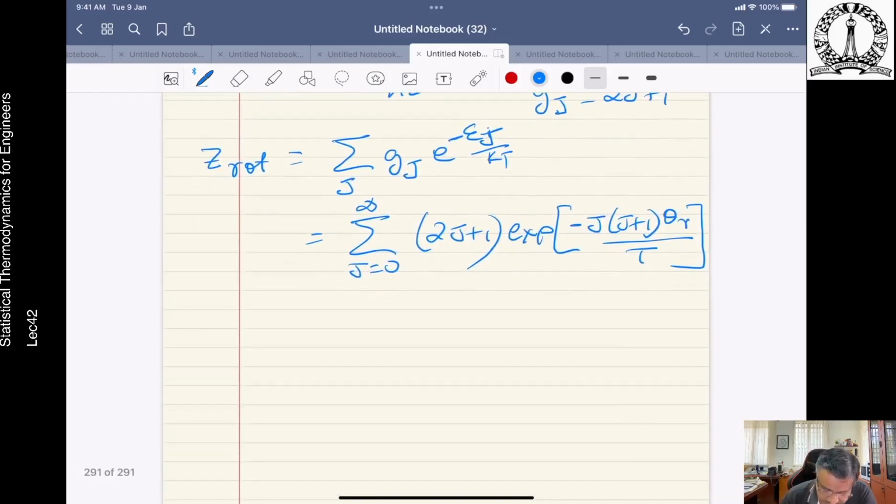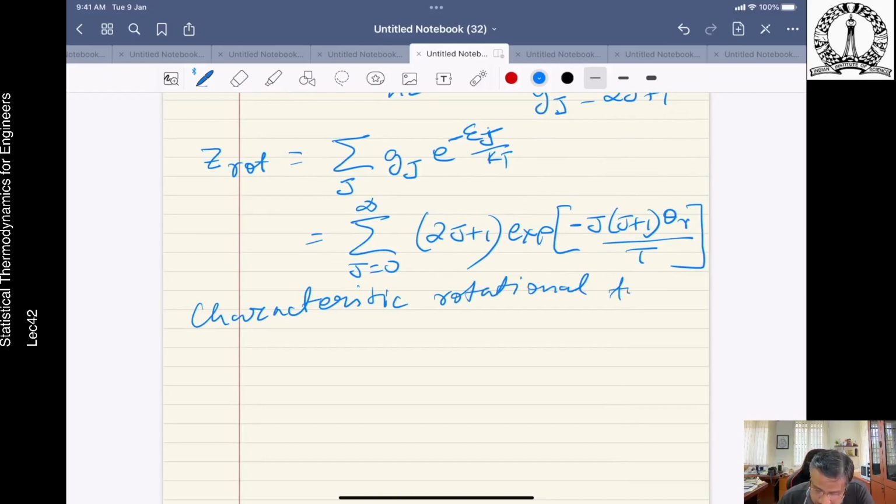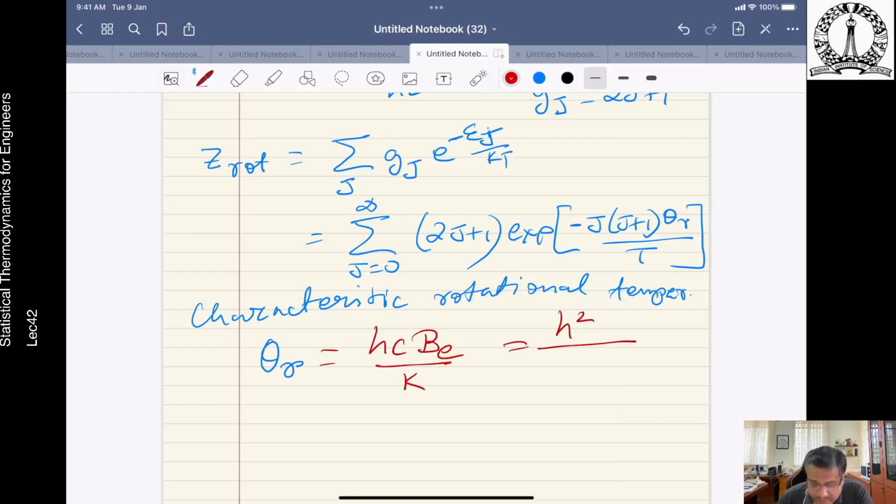Where the characteristic rotational temperature is theta R, and this is given as hc B E by k, which is equal to h squared divided by 8 pi squared I E k, where I E is basically mu r E squared.